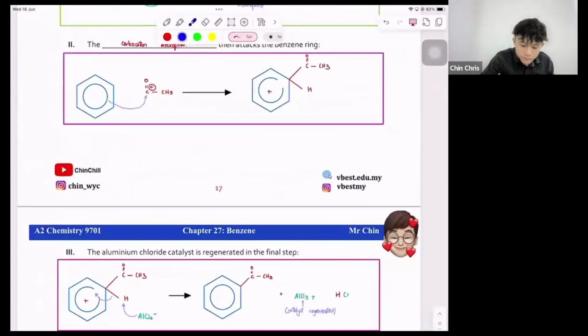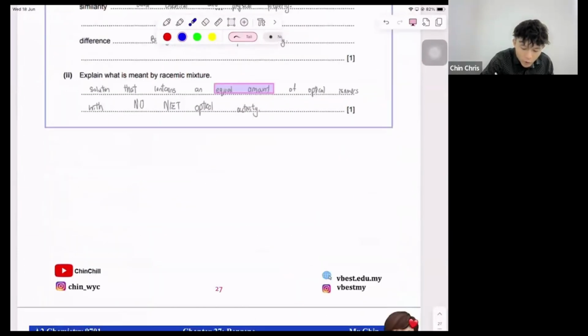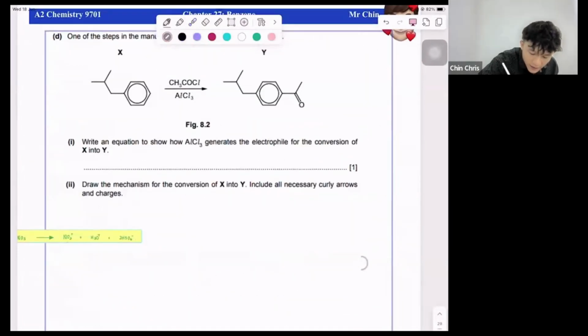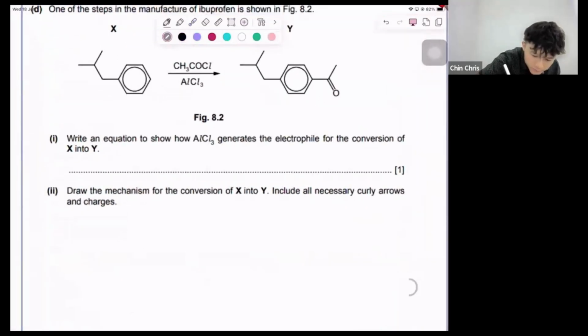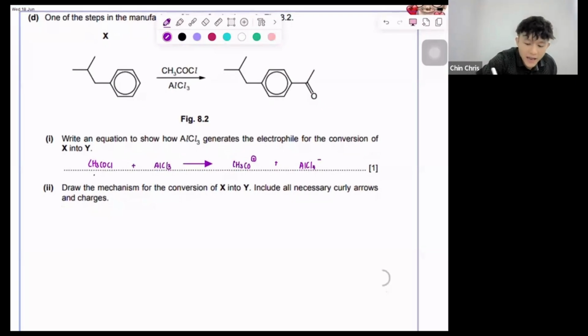Here we have CH3COCl, and add AlCl3. The Cl is gone, so it becomes CH3CO plus and AlCl4 minus. Correct.